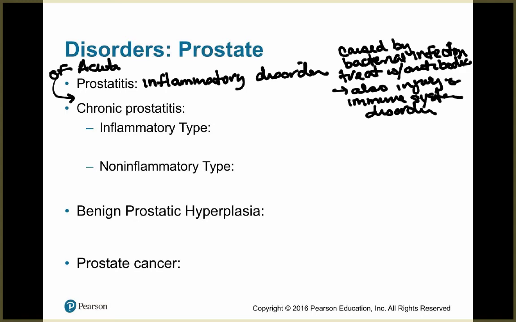Now, acute is something that's going to be limited and you can get over it pretty soon. If you have this issue that remains in your life constantly, it goes into chronic prostatitis. And this is also known as pelvic pain syndrome.